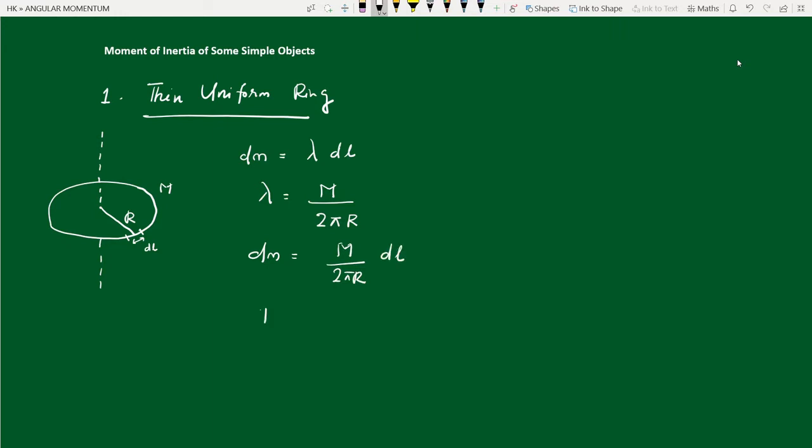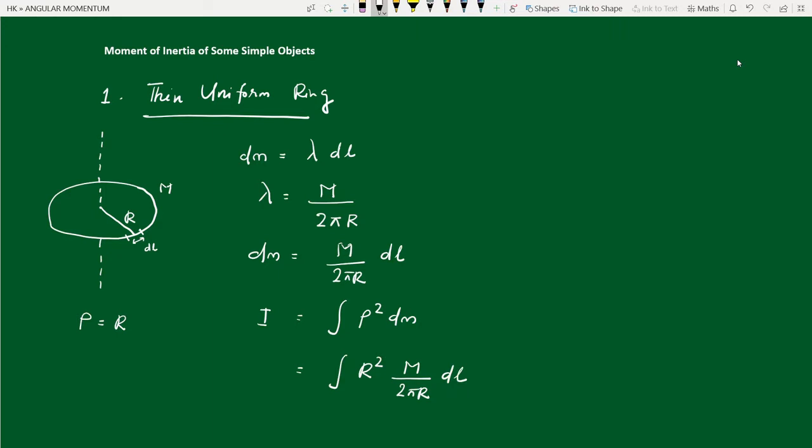So what is the moment of inertia of this ring? It is integral rho squared dm, where rho is the perpendicular distance from the axis of rotation. In this particular geometry, when the axis of rotation is the same as the axis of symmetry, the perpendicular distance is nothing but the radius of the ring. So this is equal to integral R squared, and instead of dm, let me substitute M by 2 pi R dl. We are integrating over the length of the ring.